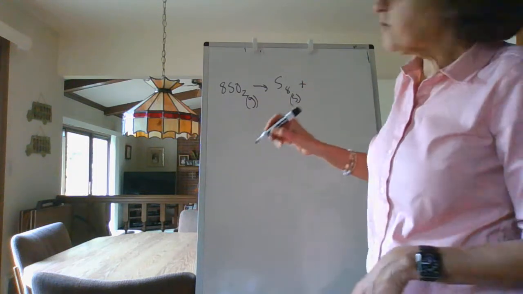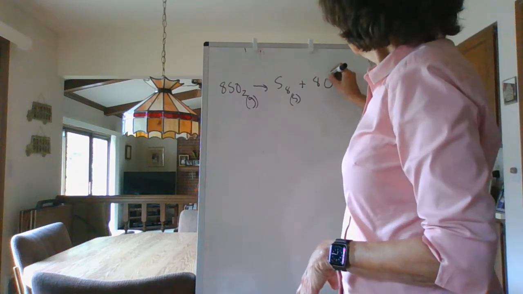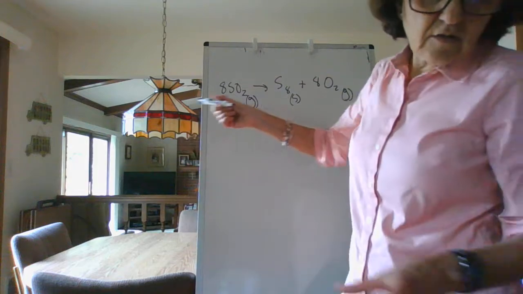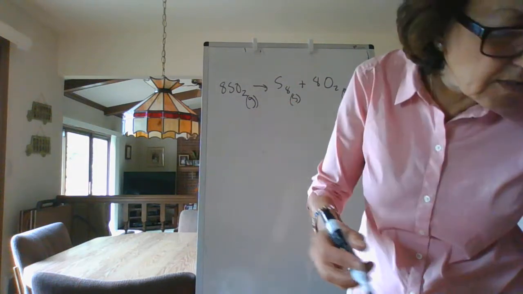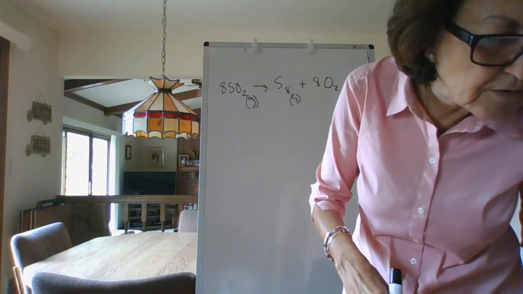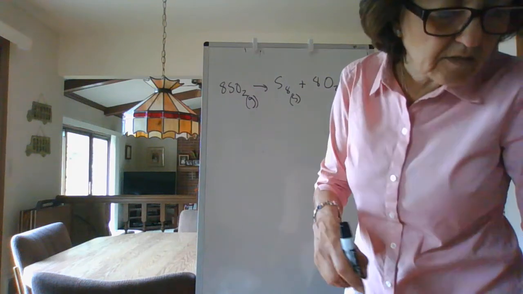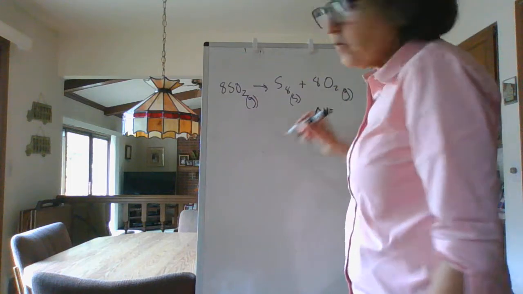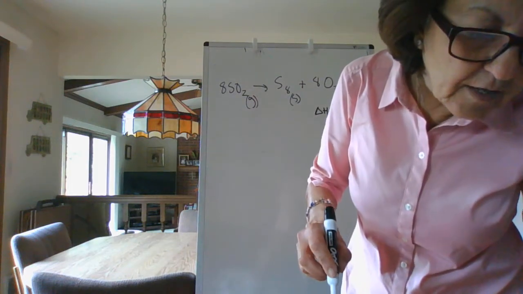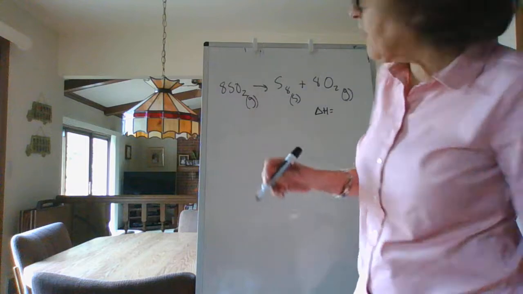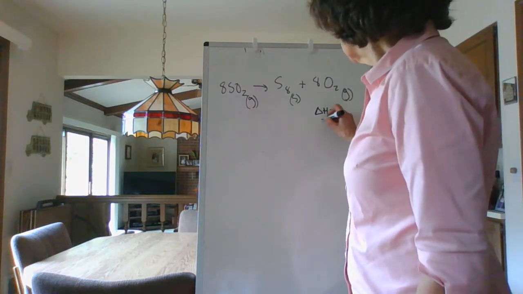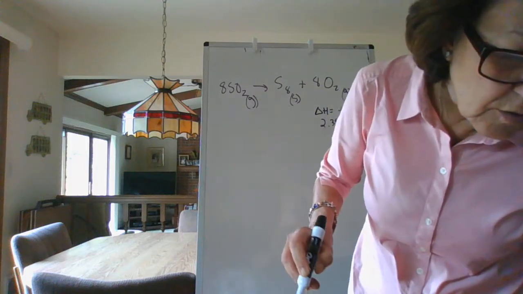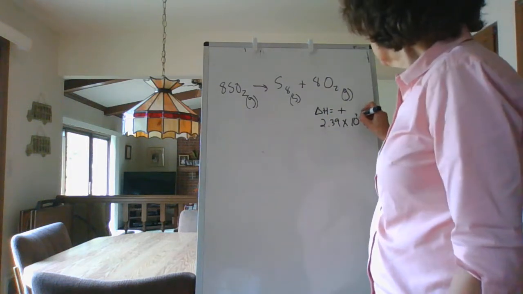And then you will also get 8O2 gas. All right. Where's the delta H value for this? Delta H is equal to positive 2.39 times 10 to the third kilojoules.